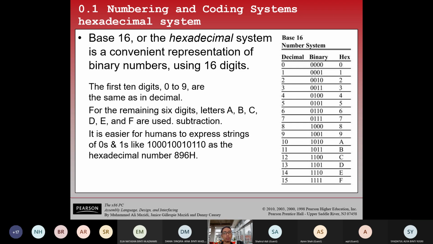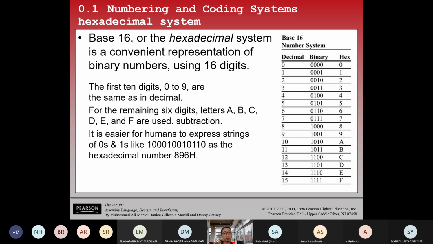And then we look into the base 16. Base 16 is called hex, or the hexadecimal system, representing 16 digits. It is not from 0 to 15, it is from 0 to F. You know the numbers are from 0 to 9, and after 9 you have A, B, C, D, E, and F. But in terms of decimal it is 0 to 15.